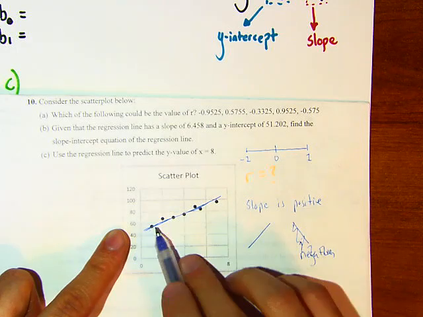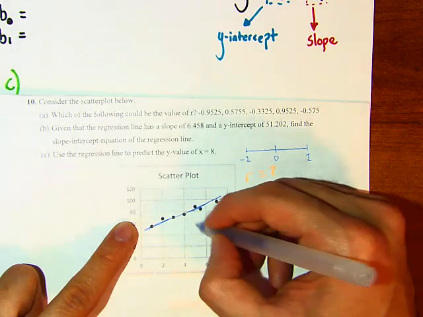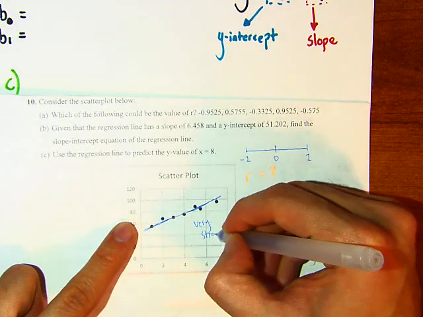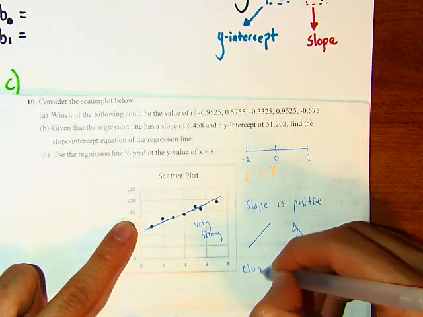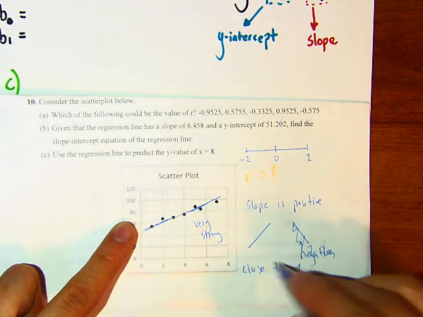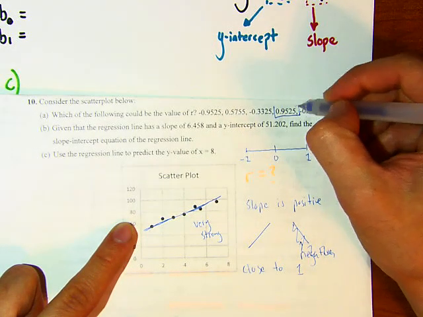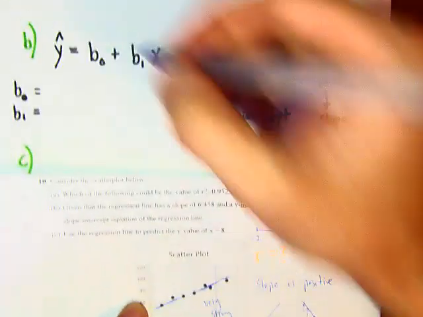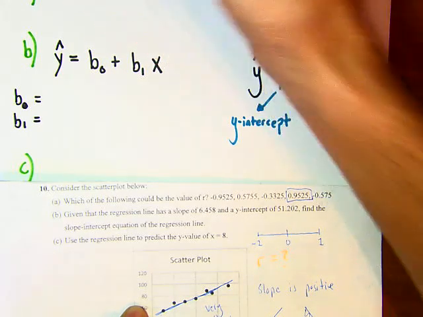Because we have a positive slope and the data values are very close, this is going to be something very strong. So the R value of this has to be close to 1, the positive one. And which one of these choices is close to +1? It'll be this one. So this would be the best value for R in terms of these data values.